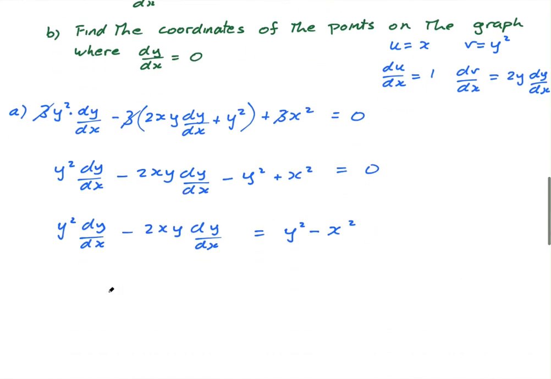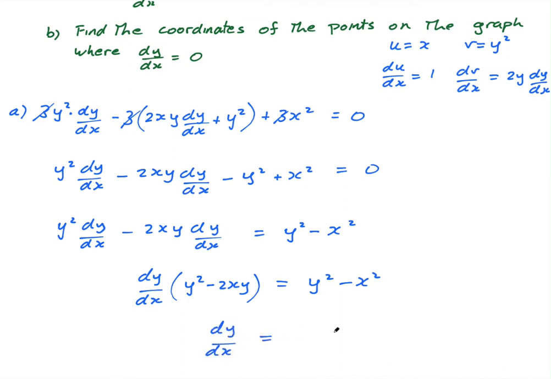Then I'm going to take out my dy dx because I'm trying to find dy dx on its own. So I factor out dy dx. I get y squared minus 2xy equals y squared minus x squared. And then finally, dy dx equals y squared minus x squared over y squared minus 2xy. Done.